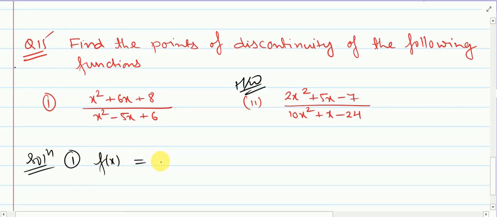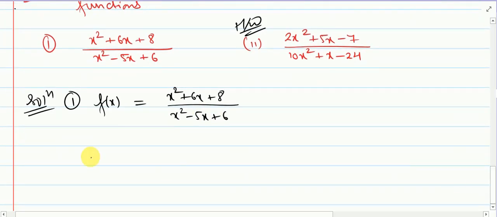f of x is equal to x square plus 6x plus 8 upon x square minus 5x plus 6. This function will be discontinuous if this denominator becomes 0.